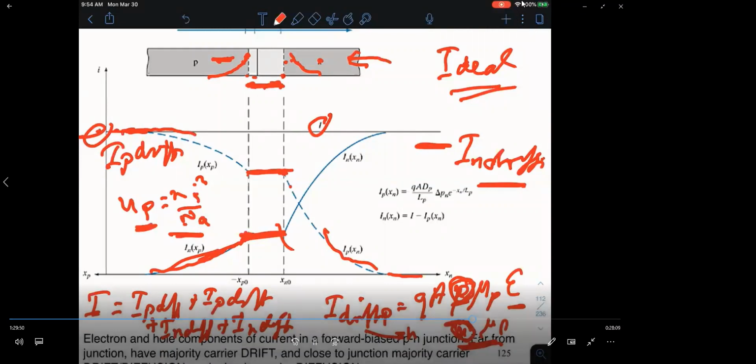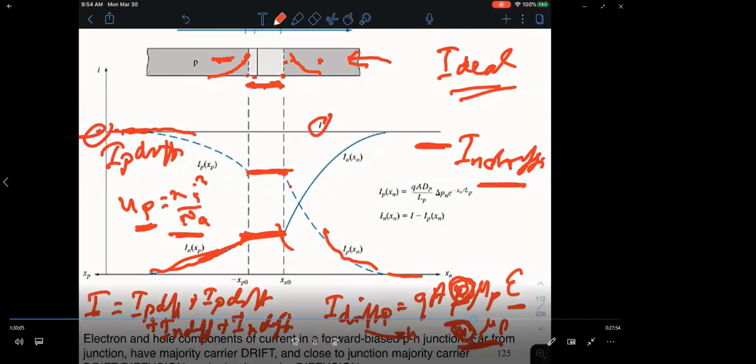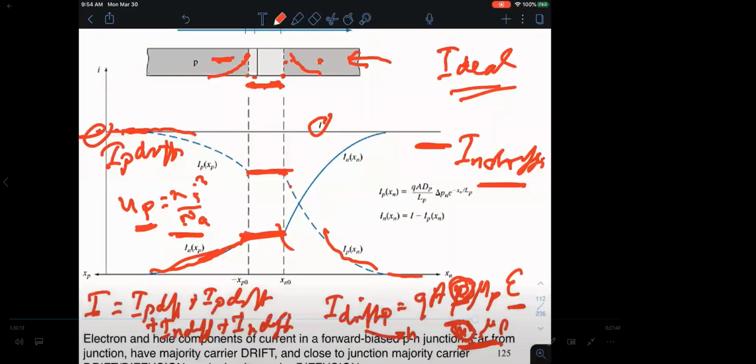But you might say, wait a minute, how about the electron drift current over here? Well, on this side, the minority carrier electron drift current can be neglected compared to the majority carrier hole drift current. So of all these four components, I can always ignore the minority carrier drift current. Okay? So as a result, on the P side, as far as electrons are concerned, I only need to worry about the electron diffusion current.